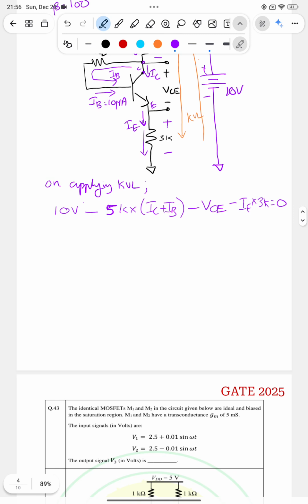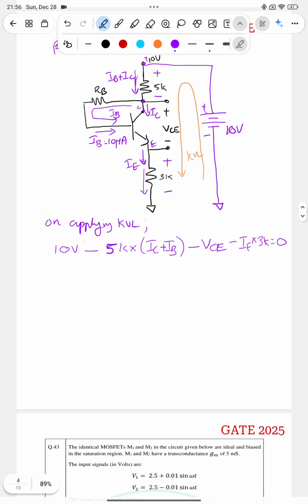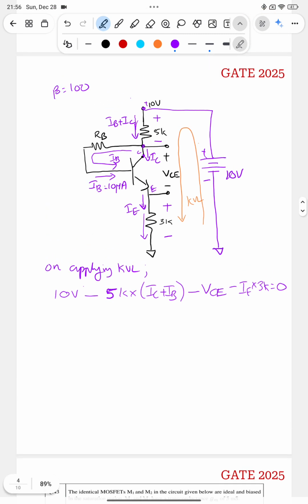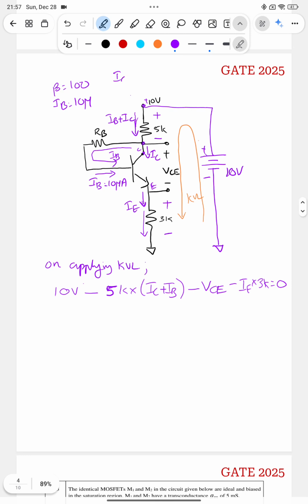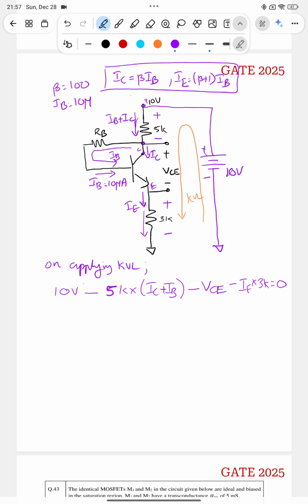Here we know IB is equal to 10 micro, and from here we can also find IC. IC is beta IB, and IE is beta plus 1 IB. So we know this relation between IC, IB and IE.